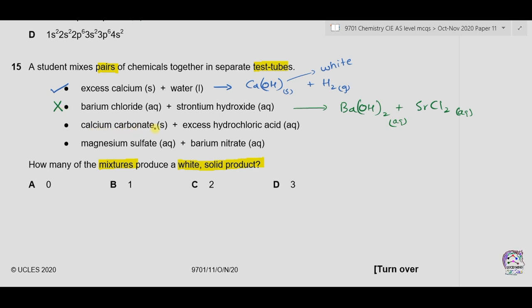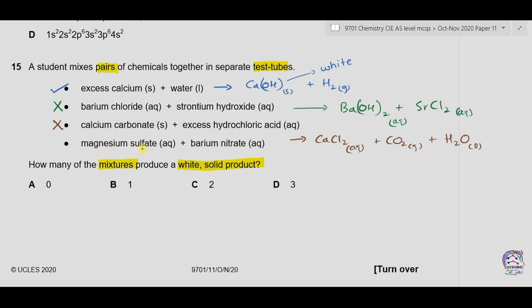Third one is calcium carbonate solid along with excess hydrochloric acid. So the product formed will be calcium chloride aqueous plus carbon dioxide gas plus water. As calcium chloride is also soluble in water and therefore no precipitate is formed. So this is also incorrect.